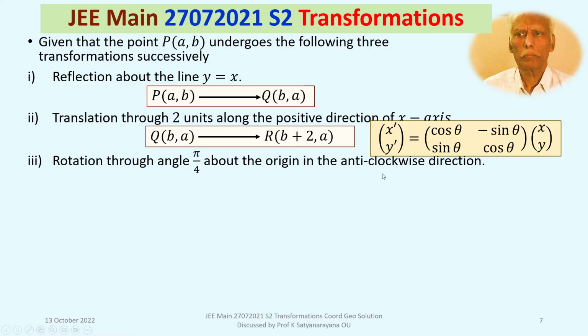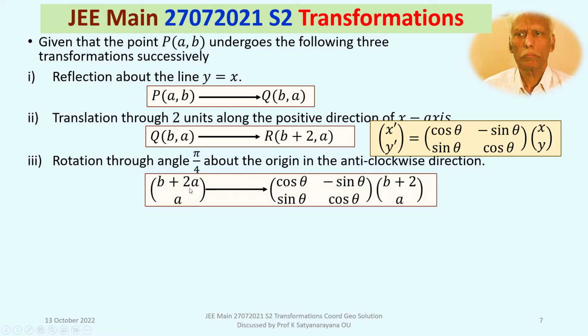So this is the formula what we have, and the (x, y) is (b + 2, a). So it is b + 2, a. And the matrix cos theta, minus sin theta, sin theta, cos theta is multiplied by (b + 2, a). So this is the transformation that takes place.